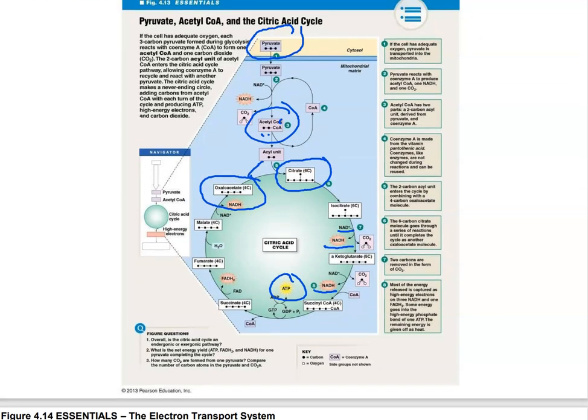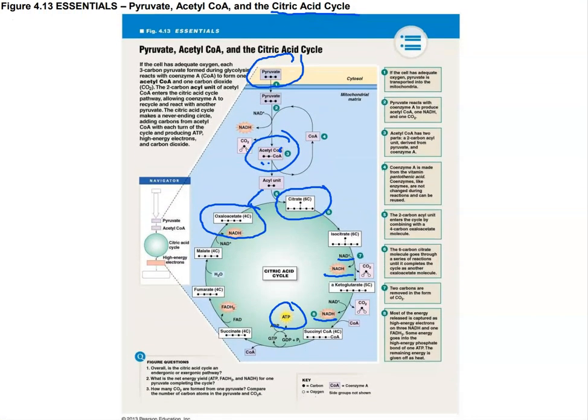But the big deal is our starting compound in the Krebs cycle is acetyl-CoA. So let me back up. We're starting out here with the pyruvate that came from the cytoplasm. I'm going to move the pyruvate into the mitochondria.